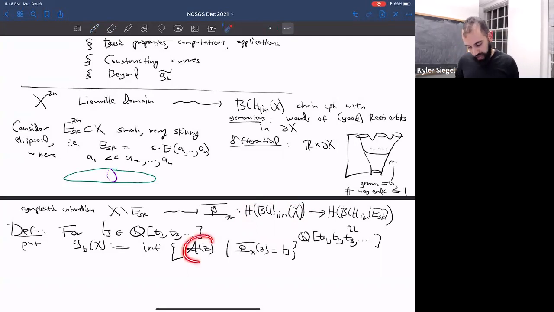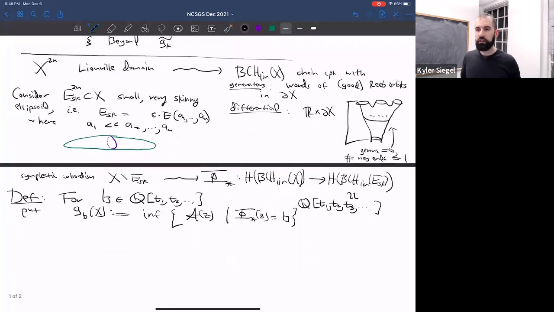And here by action, I mean, for a word of Reeb orbits, this action is just the sum of the periods of the orbits. And for a linear combination of words of orbits, it's just the maximum over all summands.